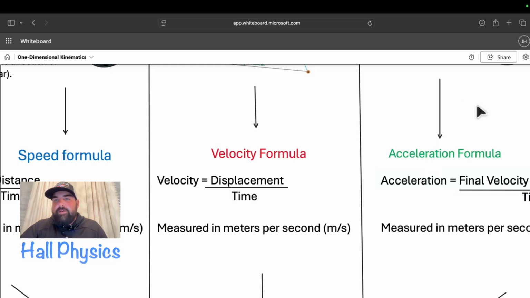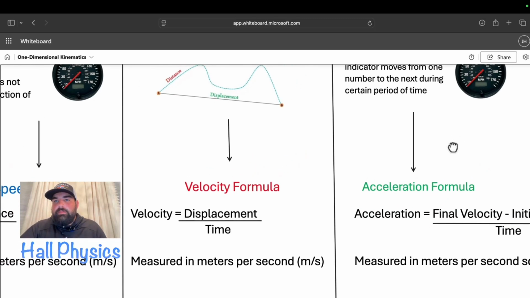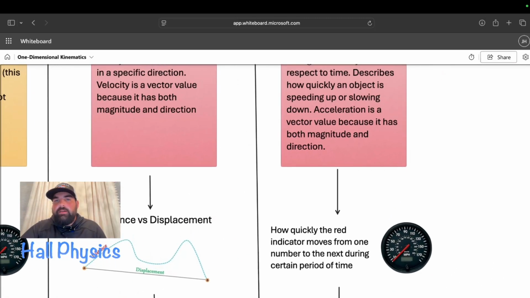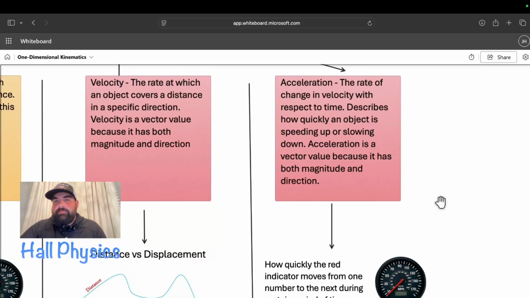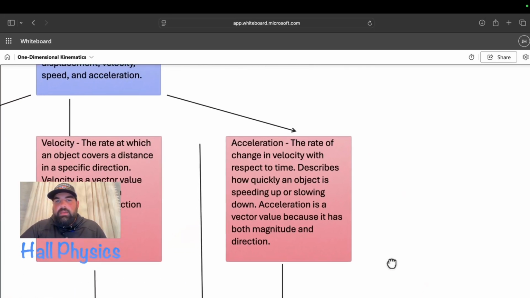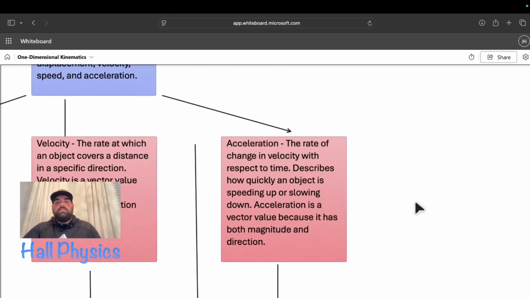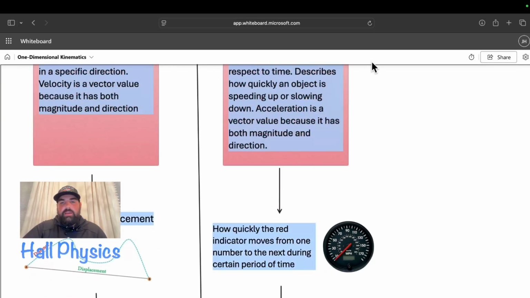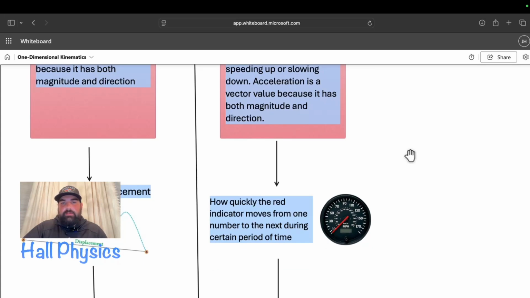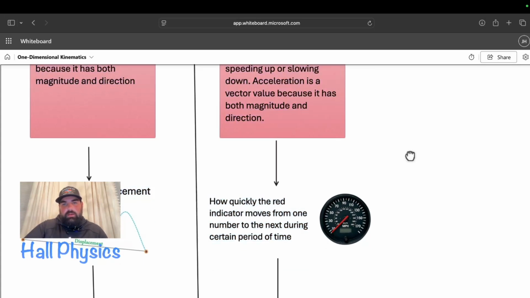All right, and the third and final subcategory I want to talk about is acceleration, okay? Acceleration is the rate of change in velocity, okay? So if I come down here to my acceleration example, I brought my speedometer back, okay?